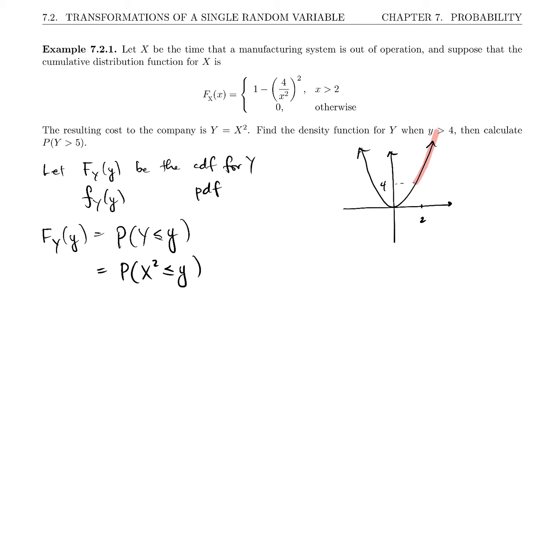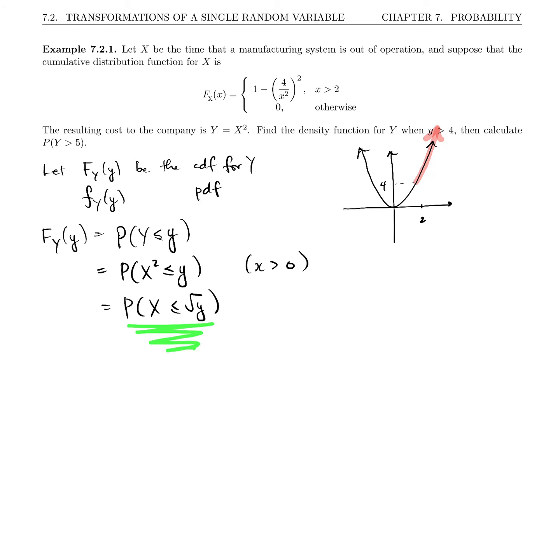So we are on this part of the function here, and on that part the function is 1-to-1, which means that it is invertible. It is increasing. And so because we are in this case where X is greater than 0, we may take the root of both sides and preserve that inequality. So we have the probability that X is less than or equal to root y.